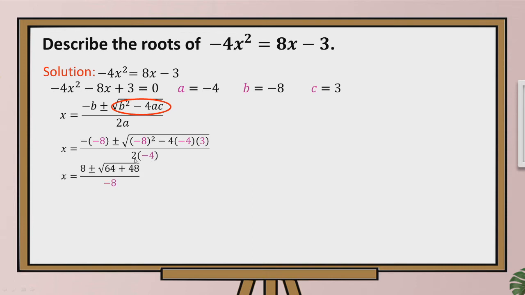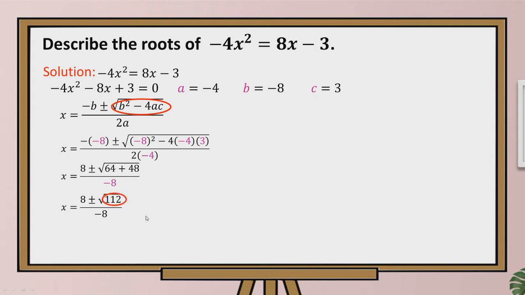To simplify, so we have positive 8 plus or minus square root of 64 plus 48. So ito na yung resulta ng portion na to. And then all over negative 8. So we have x equals 8 plus or minus square root of 112. Galing yan sa 64 plus 48 all over negative 8.